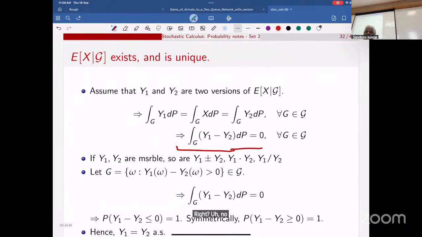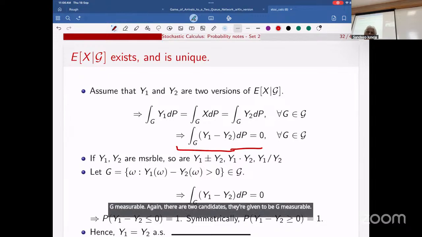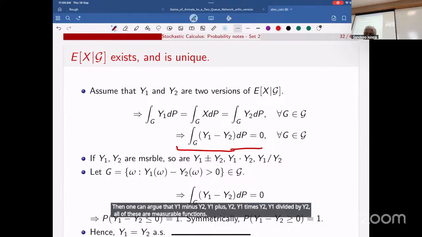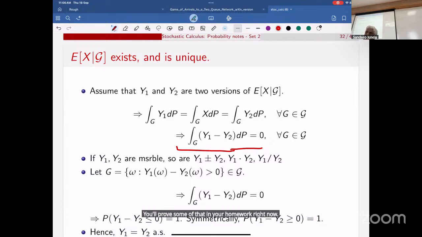Now I know Y1 and Y2 are G measurable. They're given to be G measurable. Then one can argue that Y1 minus Y2, Y1 plus Y2, Y1 times Y2, Y1 divided by Y2, all of these are measurable functions. You'll prove some of that in your homework. So Y1 minus Y2 is also G measurable.